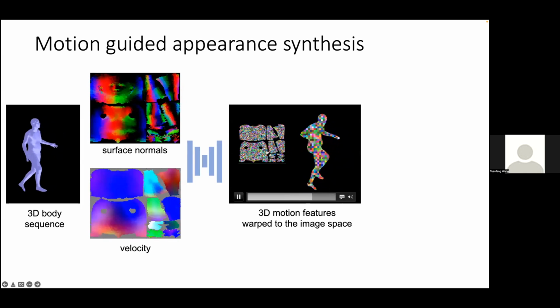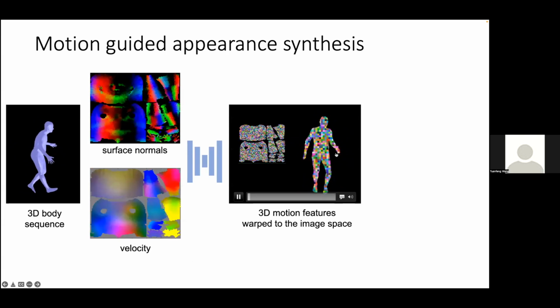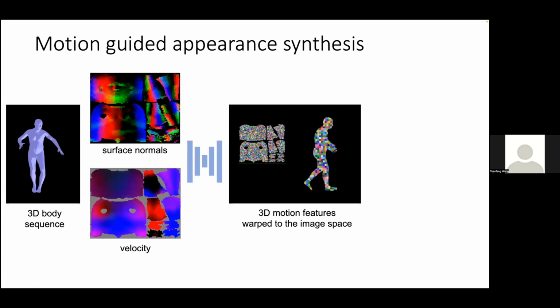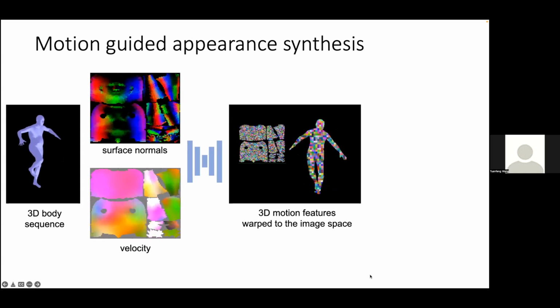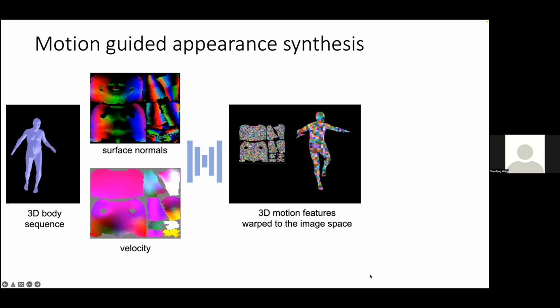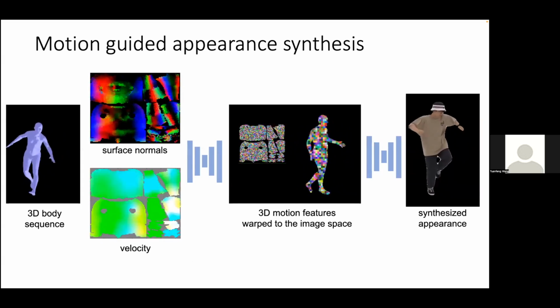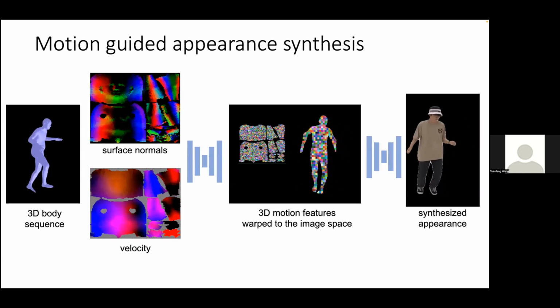And we can copy each pixel back to the image domain to project it over the surface of the moving character. In that way, we have a per frame feature in the image space. And then a neural network will help us to synthesize the final appearance.